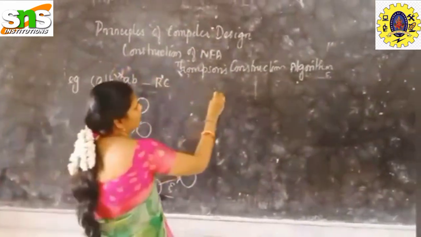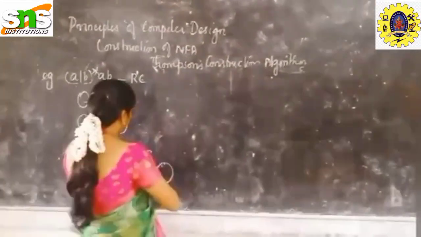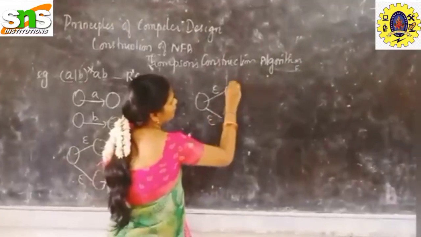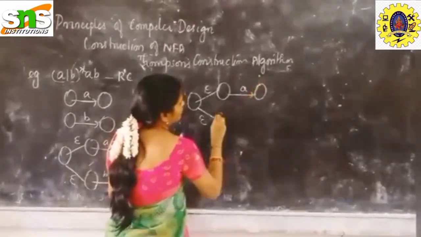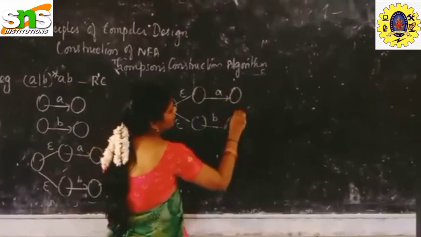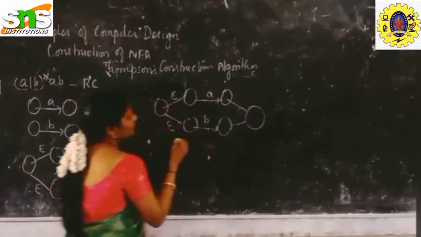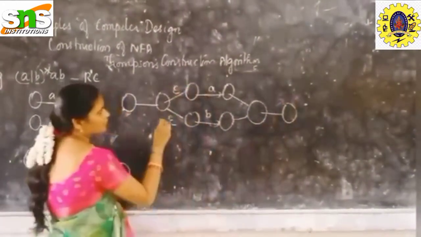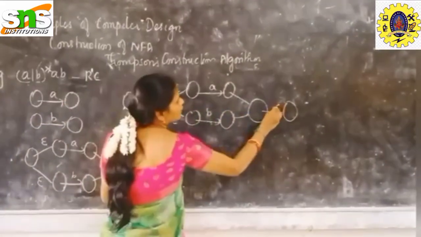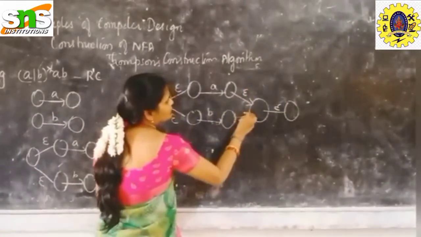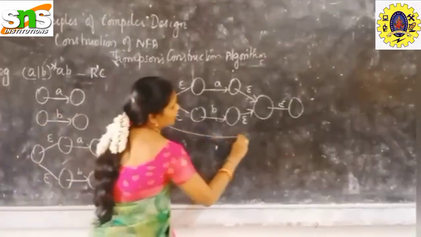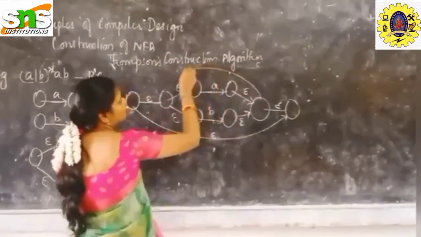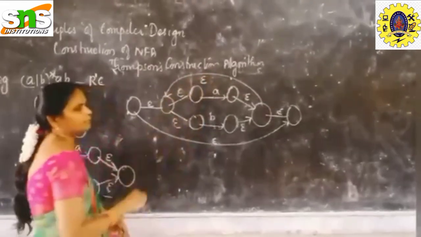Now next, A slash B the whole star. We take the same A slash B. Then for this final state and starting state, include one state before and after, marked as epsilon. Now, from the starting state towards the final state, mark the epsilon, then from the last back to the first, epsilon.